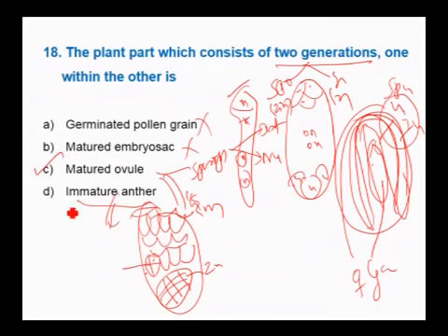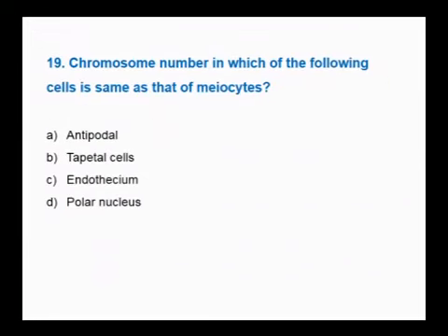Then, if the option is mature anther, both can be the answer. But here, the correct answer is mature ovule. Suppose in D there is a mature anther, both can be the answers. But for the given question, the correct answer is mature ovule, because the embryo sac is the female gametophyte, whereas nucellus and integuments are sporophytes. Therefore, the answer is mature ovule.